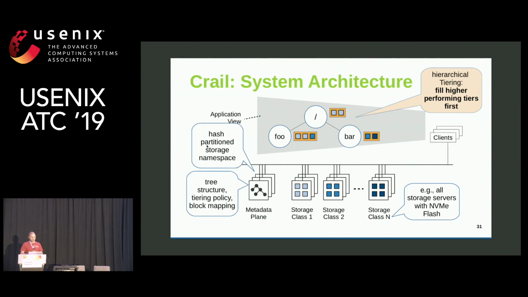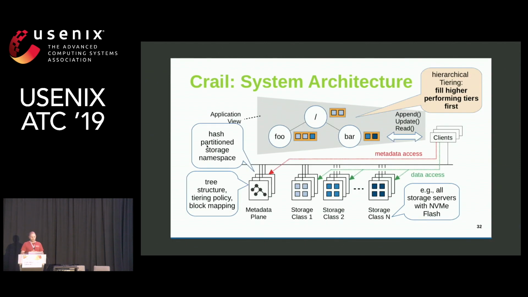You may have also observed that the metadata plane consists of multiple metadata servers. The reason for that is that we partitioned the storage namespace across multiple metadata servers by hash partitioning it. So each of the metadata servers is responsible for one subtree in the storage namespace.